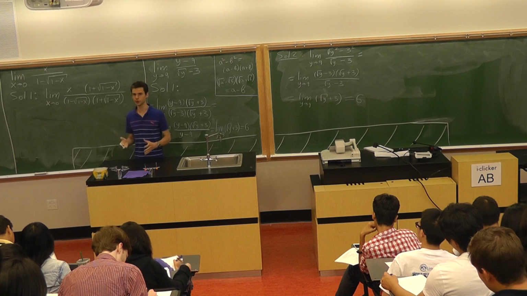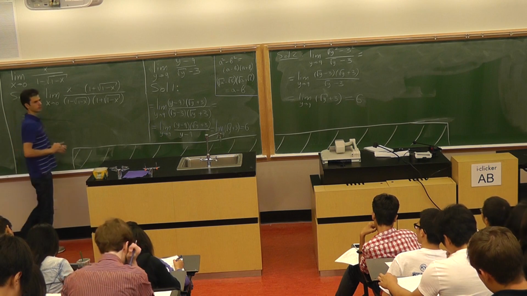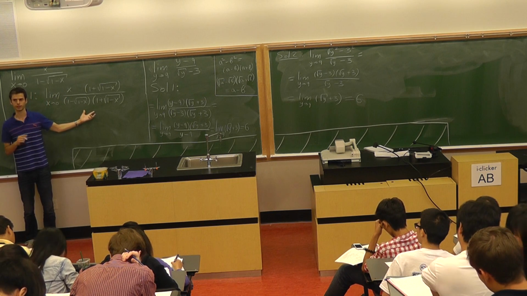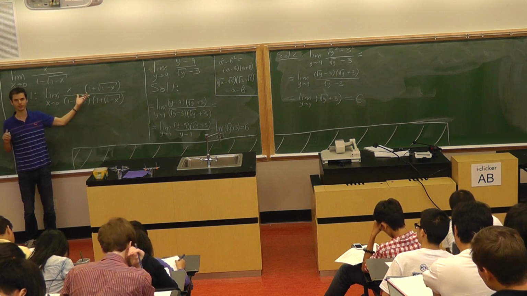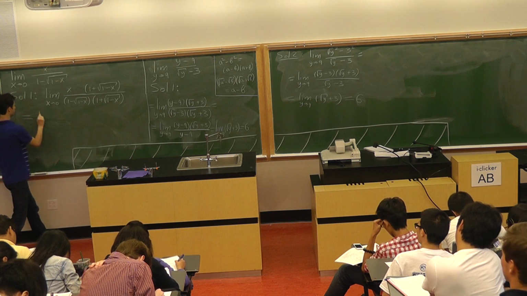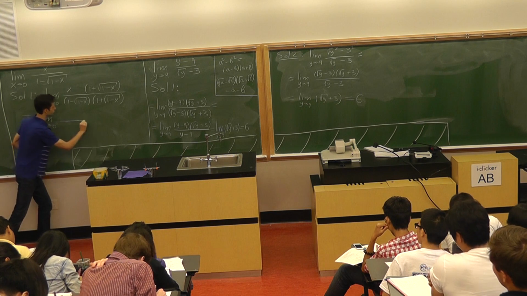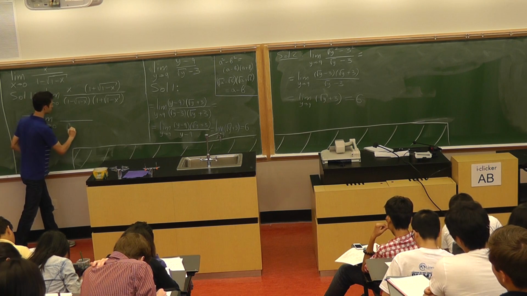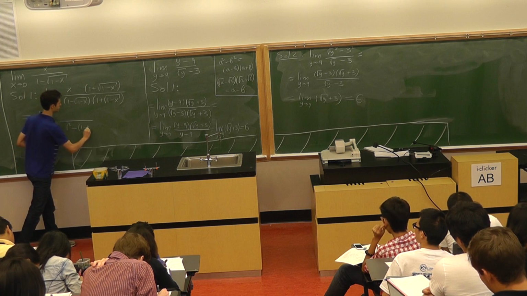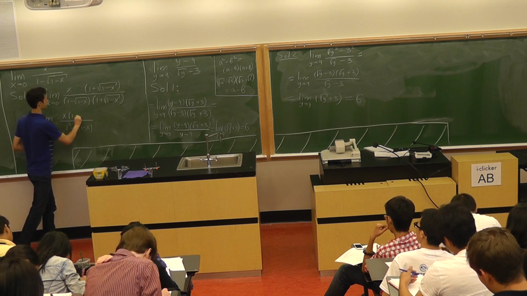The first step will look more complicated. What we want to do is open the brackets in the denominator, not in the numerator. The numerator is good as it is. The denominator can be simplified. So we get 1 squared minus square root of 1 minus x squared, which is 1 minus x. And we leave the numerator as it was.